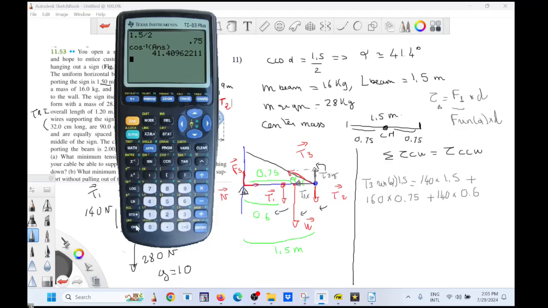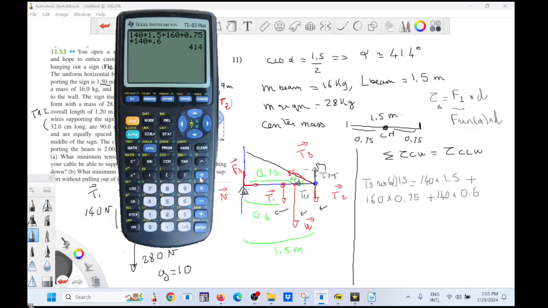And so it's going to be 140, always the distance, because it's a torque, plus 160 times 0.75, plus 140 times 0.6.